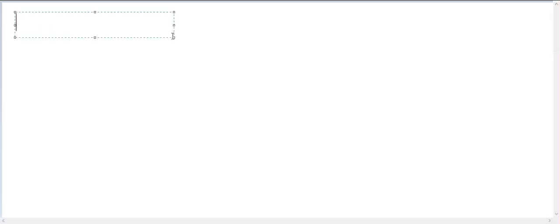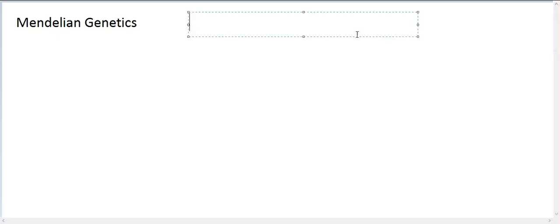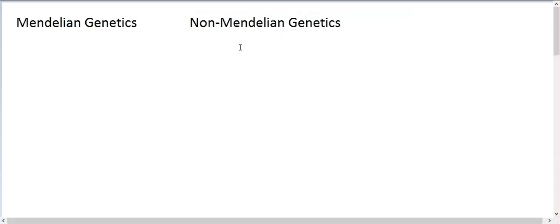In genetics, usually different modes of inheritance and different types of inheritance are classified into two sections. So you either have Mendelian genetics or you have non-Mendelian genetics.